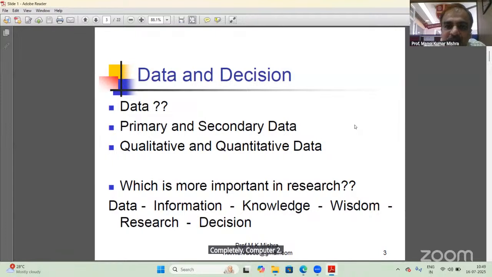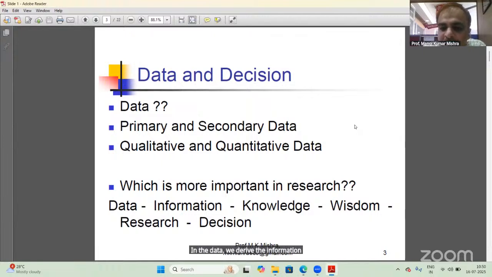Second, in quantitative and qualitative data also, both are complementary to each other. So in research, from the data, we derive the information.